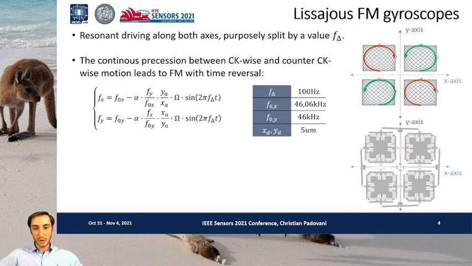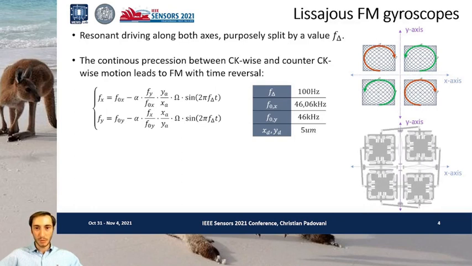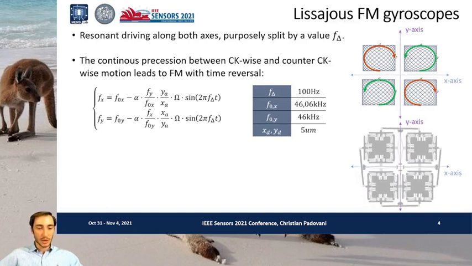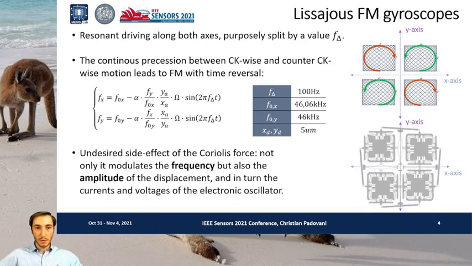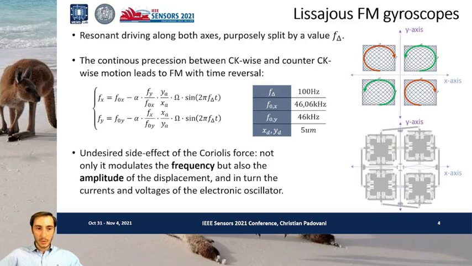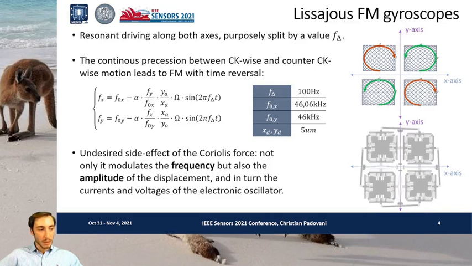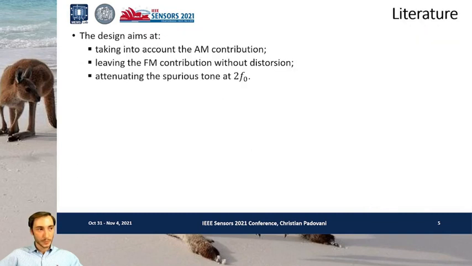The Lissajous trajectory shown here brings about a modulation of the resonance frequency from which the angular velocity can be extracted. However, for the purpose of the paper, it is essential to remember that the Coriolis force modulates not only the frequency but also the amplitude of the displacement, and in turn all the currents and voltages of the electronic oscillator.